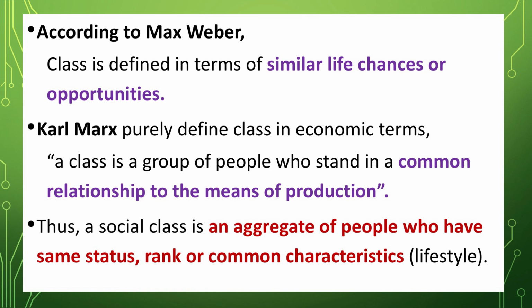So here Giddens' definition of class is based on the economic basis of the group. Okay? So that means the economic resources, or the property, the wealth that a person or a group of persons has, decides the class structure of the society.